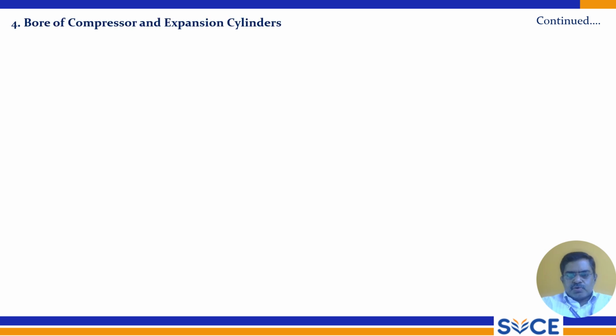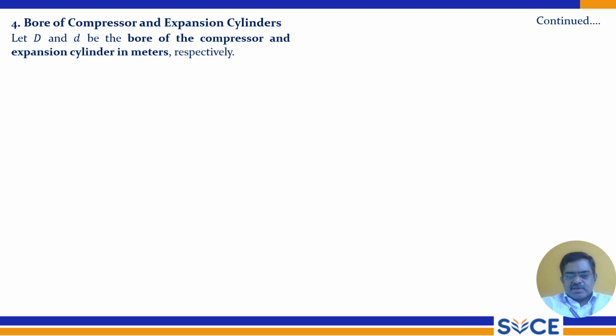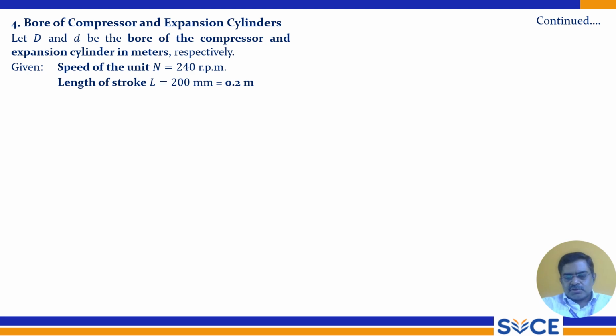So next is bore of compressor and expansion cylinders. Let D, capital D and small d, be the bore of compressor and expansion cylinders in meters respectively, and the speed of the unit is given, that is 240 rpm, and length of the stroke is given, that is L equal to 200 mm or 0.2 meters.